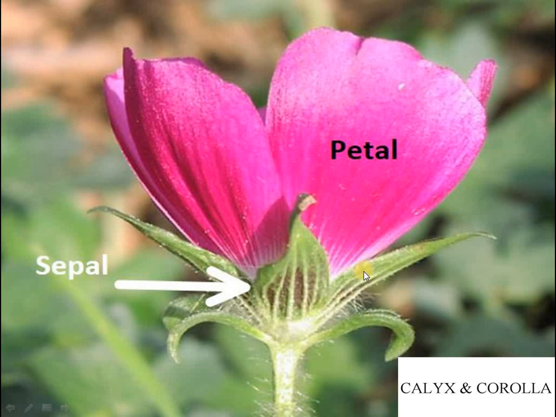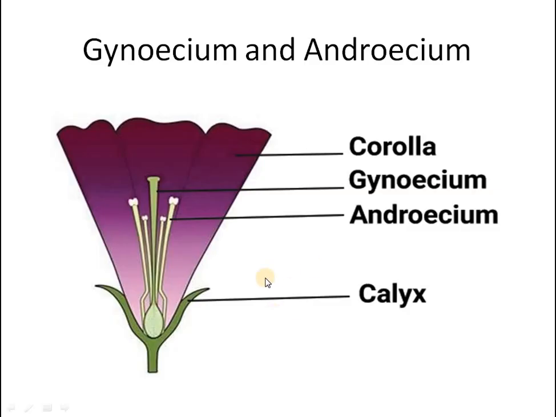There are some terms that we need to know. A group of petals is called the corolla, while the calyx is the group of sepals. Here I've tried to show you the general terms that you will be using in this chapter. Corolla is the group of petals.